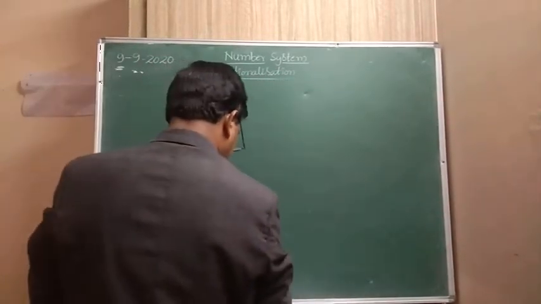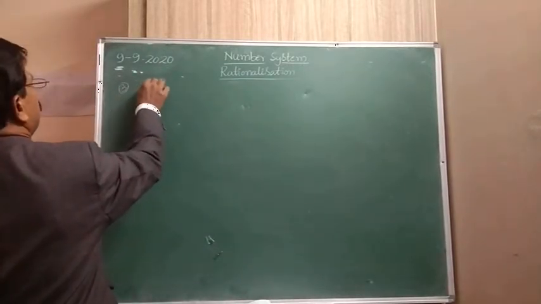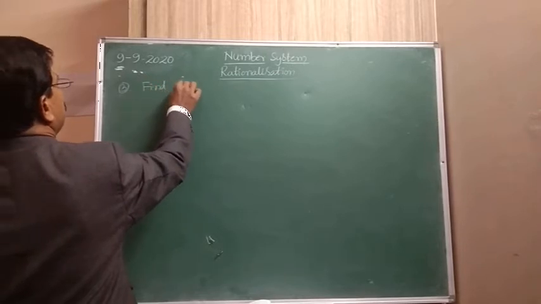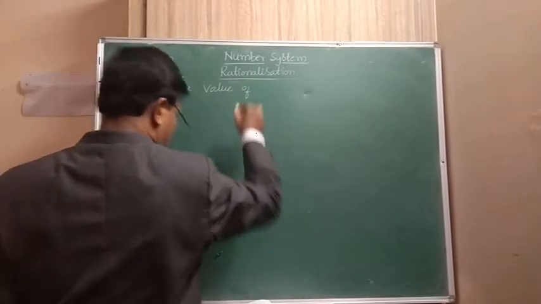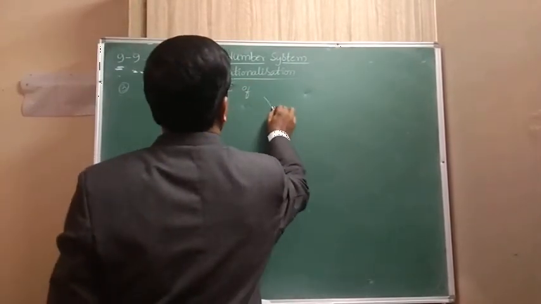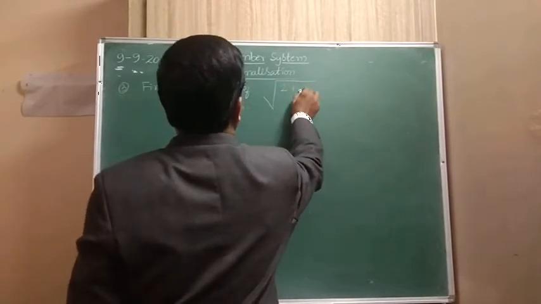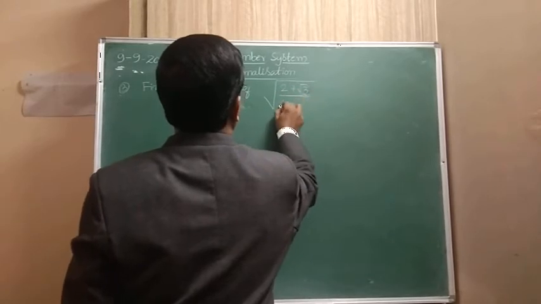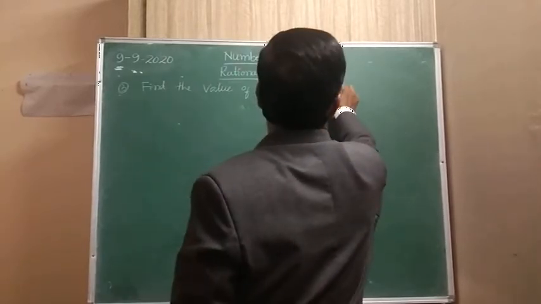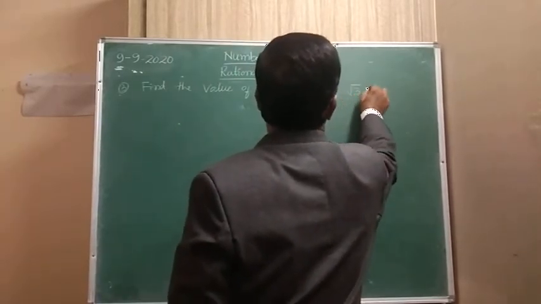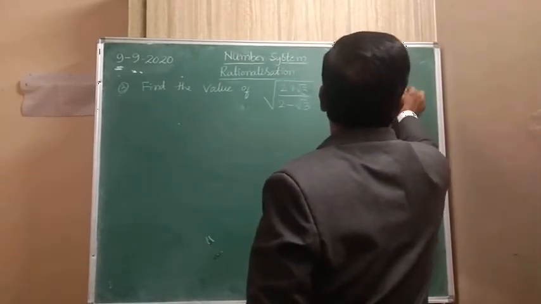Look at this. Third question. Find the value of square root of 2 plus root 3 by 2 minus root 3, if root 3 is equal to 1.73.